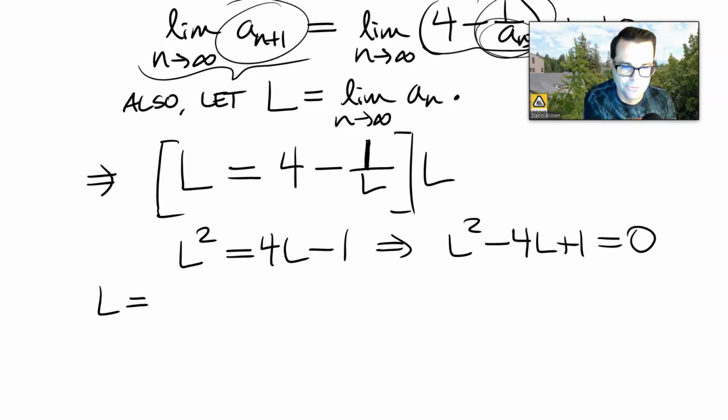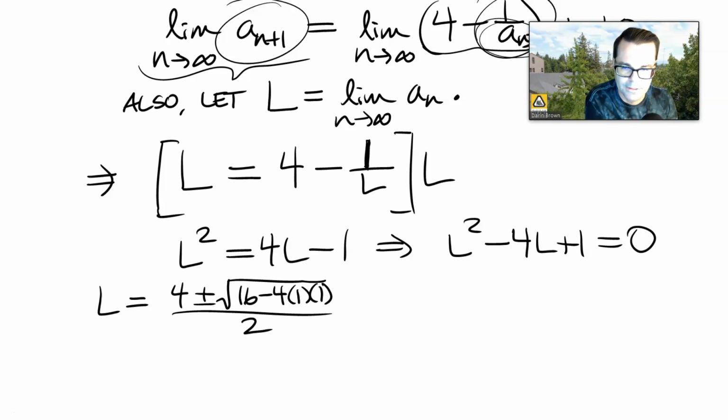L is equal to minus b plus or minus the square root of the discriminant, all over 2a. This is going to be root 12, which is 2 root 3. So we got 4 plus or minus 2 root 3, over 2.